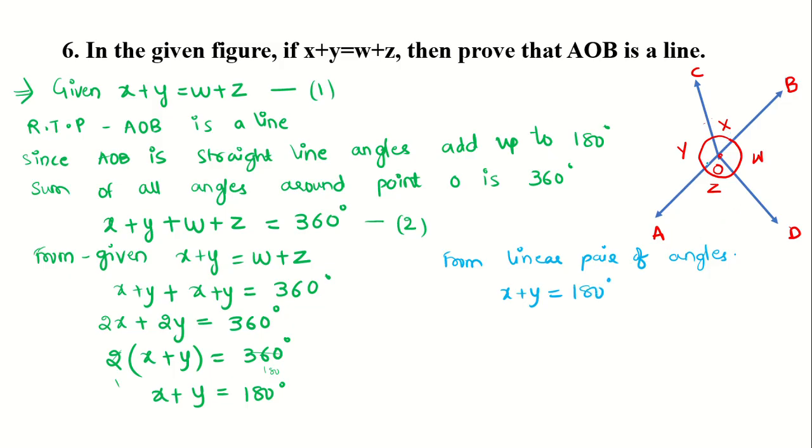As X and Y are adjacent to each other, they form a straight line since their sum is 180 degrees. Now X plus Y is equal to 180 degrees and you can see that rays OA and OB form a straight line.